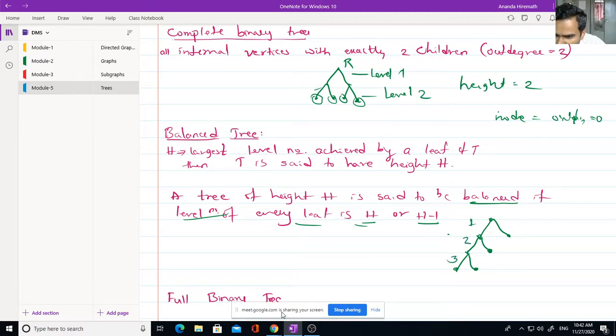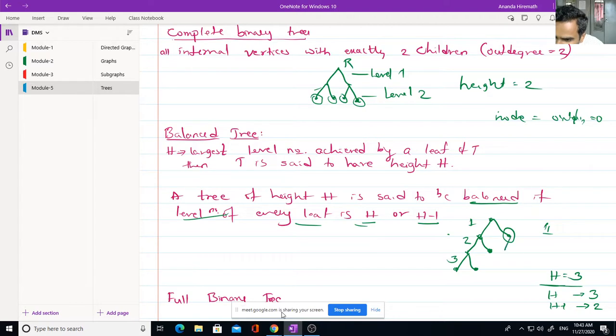So what is the height of this tree? It is 3, h is equal to 3. So every leaf should be at level h or h minus 1. It means that it should be at level 3 or at level 2. But if you consider this leaf, its level is 1. Therefore this tree is not a balanced tree.